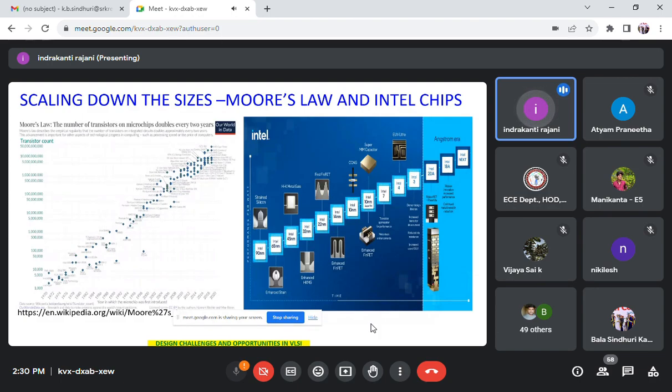So the size of the transistor is decreased, in the sense the channel length was decreased to 90 nanometers, to 65 nanometers. And as the size decreased, the efficiency is doubled.